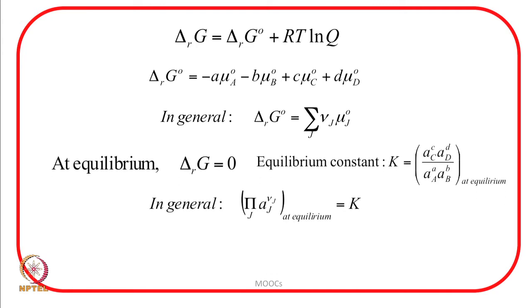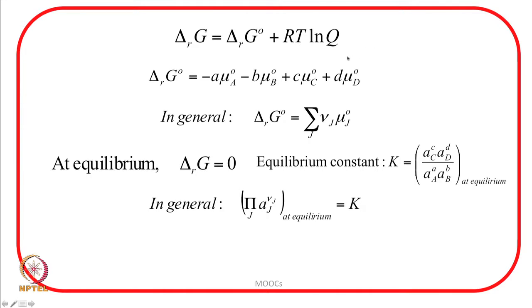In general, after recognizing the standard reaction Gibbs function, that it is constant at a given temperature, we now invoke the equilibrium conditions. We know that at equilibrium delta R G is going to be 0, the slope is equal to 0, and equilibrium constant will be equal to the expression for Q at equilibrium.